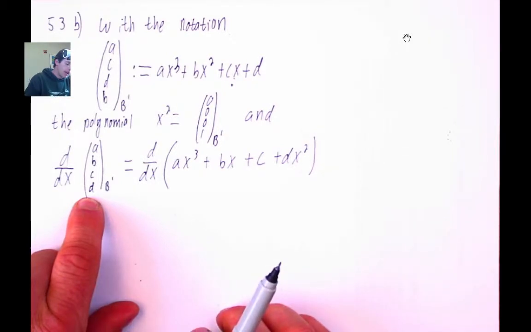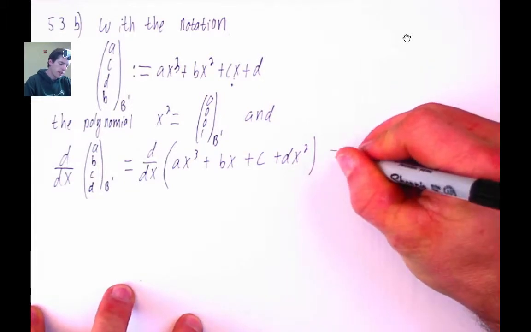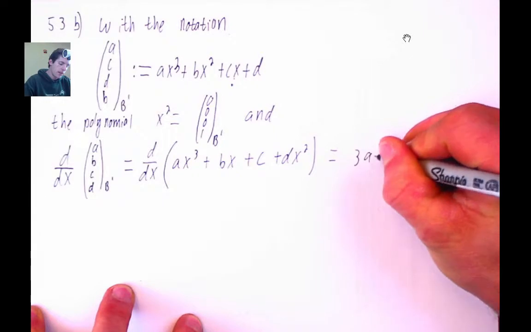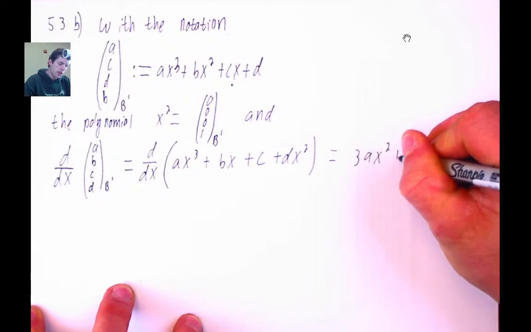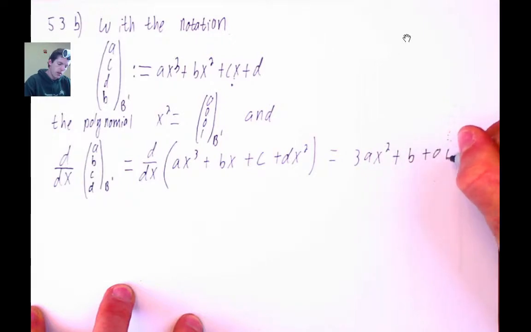Now, I can of course calculate this derivative without too much trouble. That is 3 times a x squared plus b plus 0 plus 2d x. Okay.